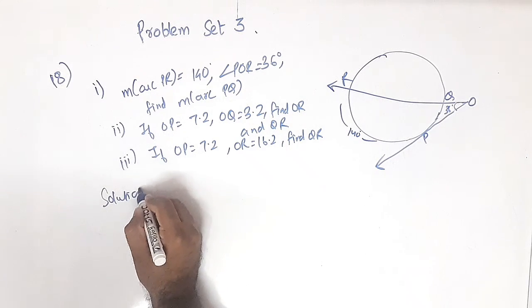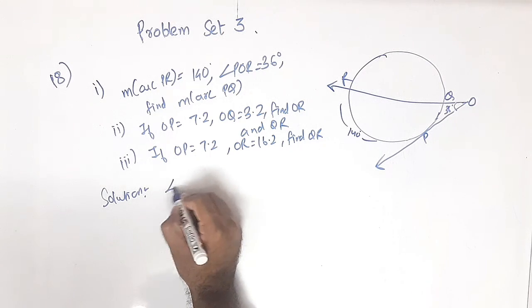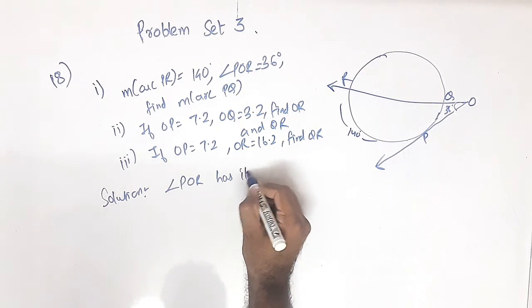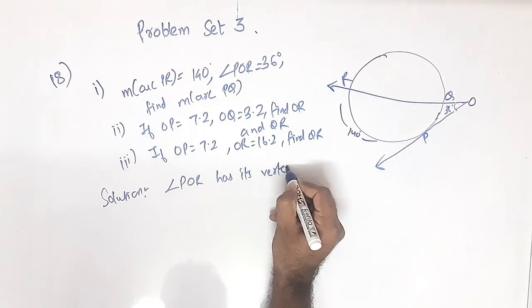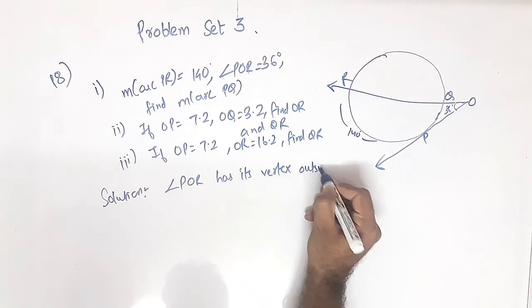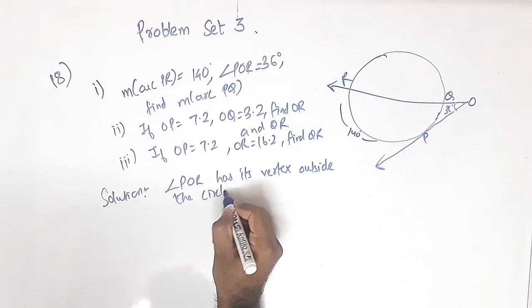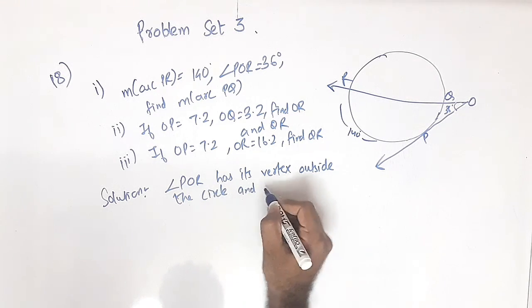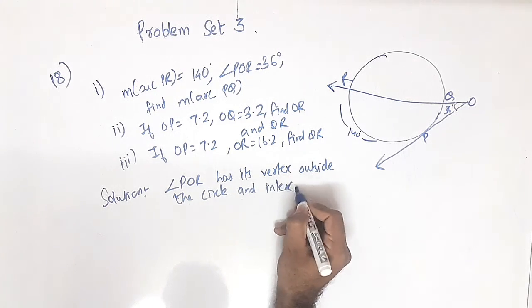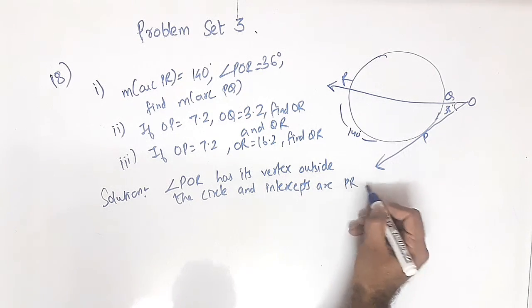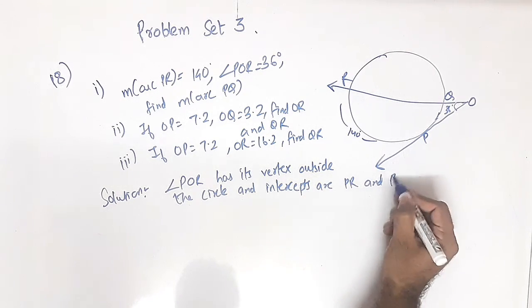So you have to simply write angle POR has its vertex outside the circle and intercepts arcs PR and PQ.